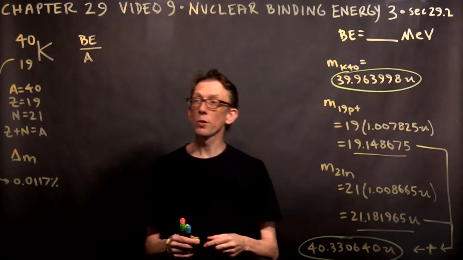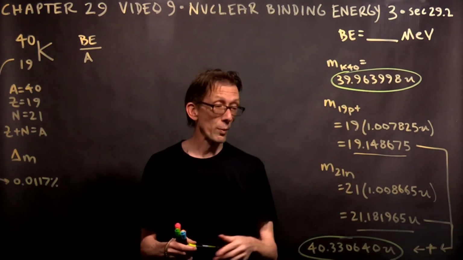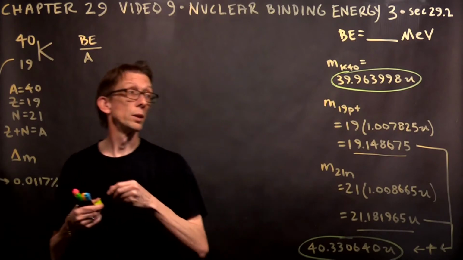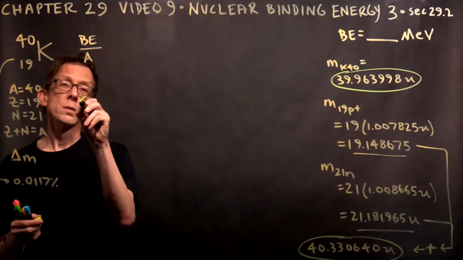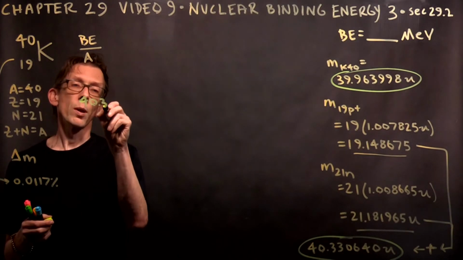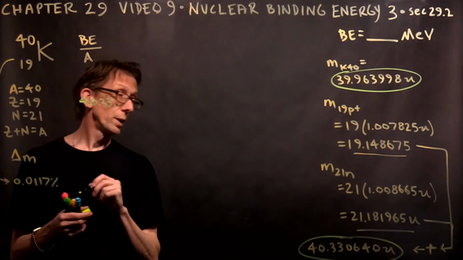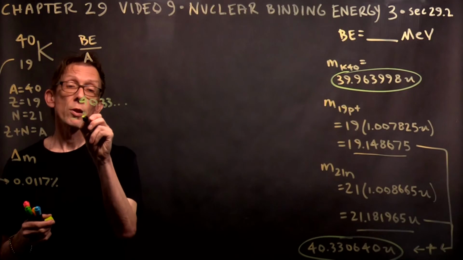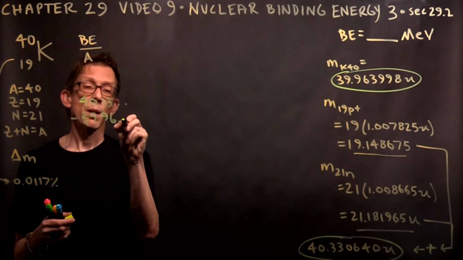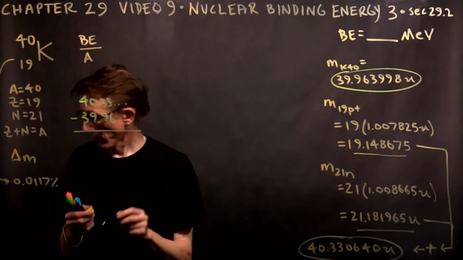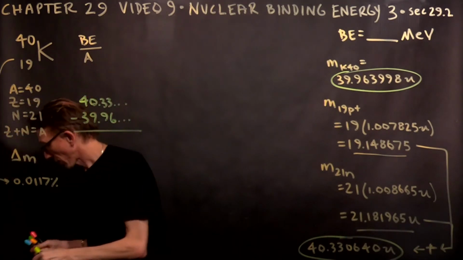So if we subtract those two, I'm going to find the difference in those two right here. So the difference, 40.33, etc., minus 39.96, gives us this mass difference right here.